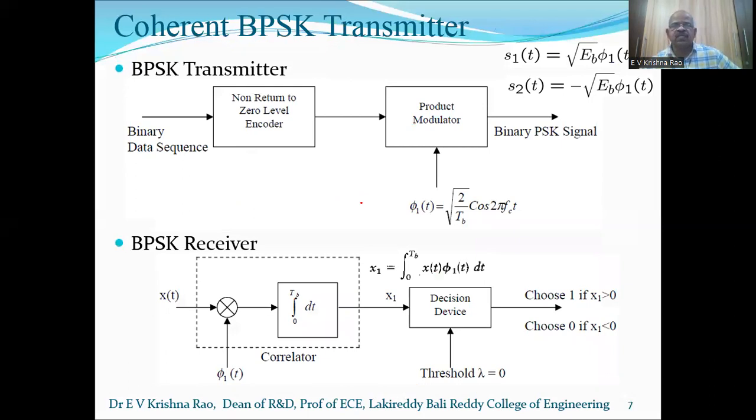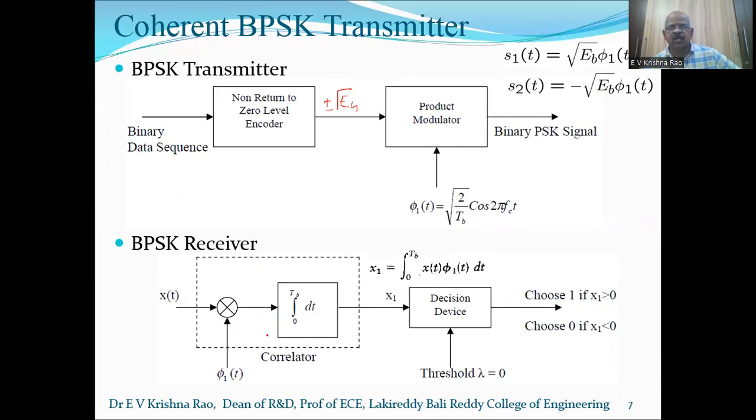So BPSK can be generated just by multiplying the orthonormal basis function with binary 1 or binary 0 converted into plus or minus root EB. It is generated this way. Now the probability of error is mainly concerned with the receiver.